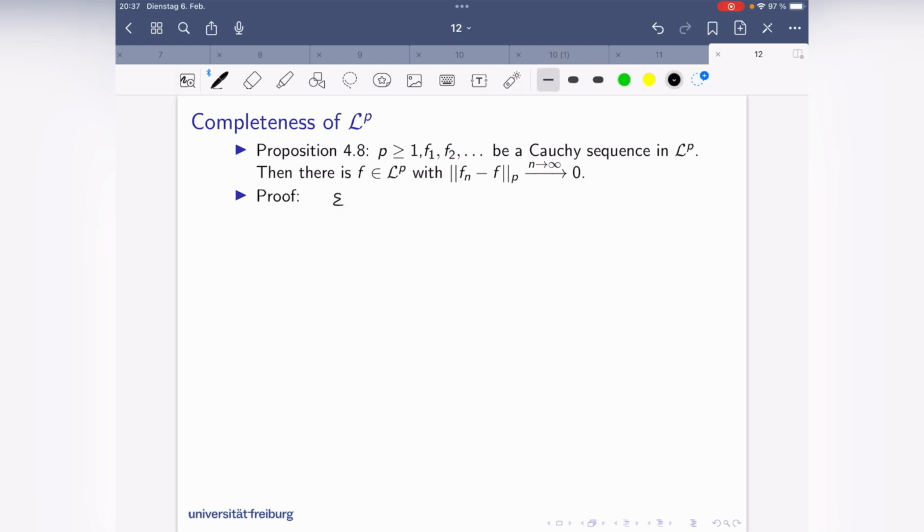Take a sequence of epsilons, summable. So they need to be summable.